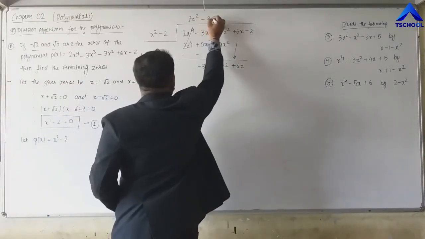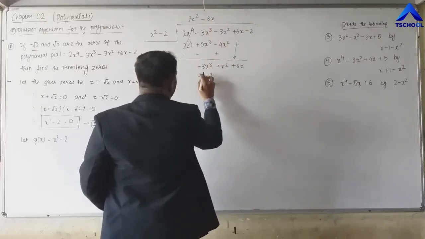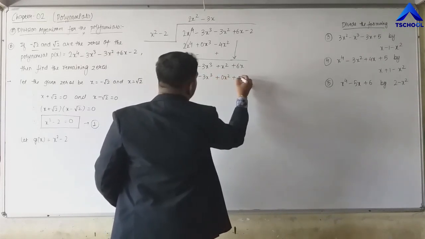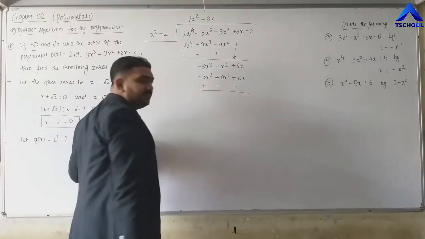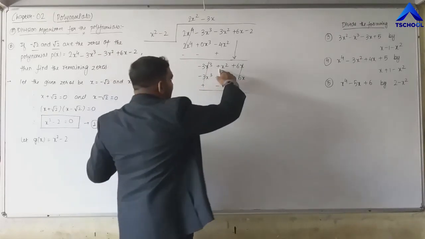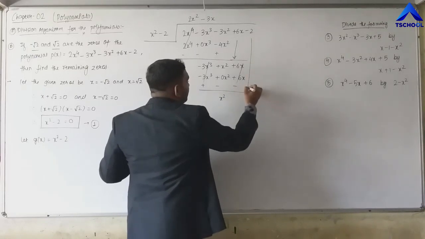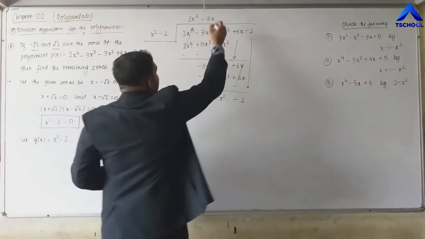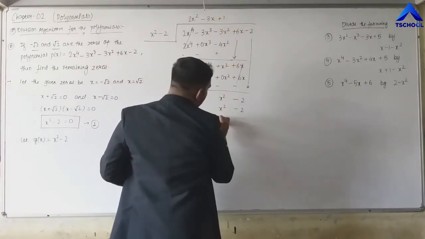That is multiplied by minus 3x. So that is minus 3x cube, plus 0x square, plus 6x, with the signs changed. Again eliminating them, these two terms cancel here. So that becomes x square minus 0x square, that is x square, and taking this term over here, that is minus 2. Again there is no need to multiply with any real number over here.